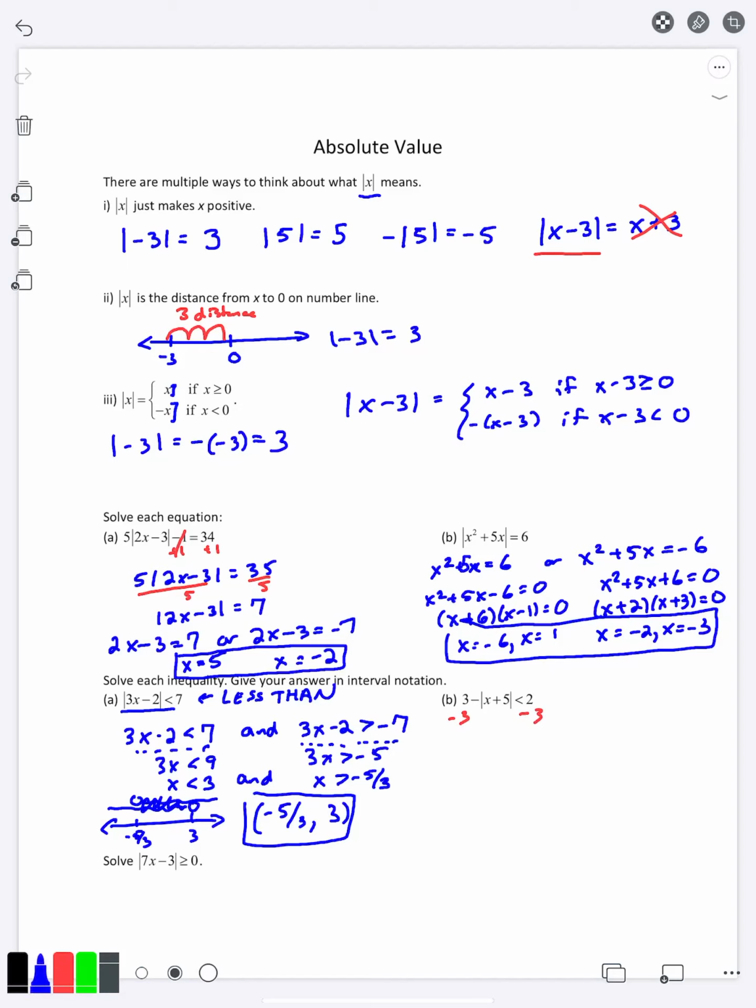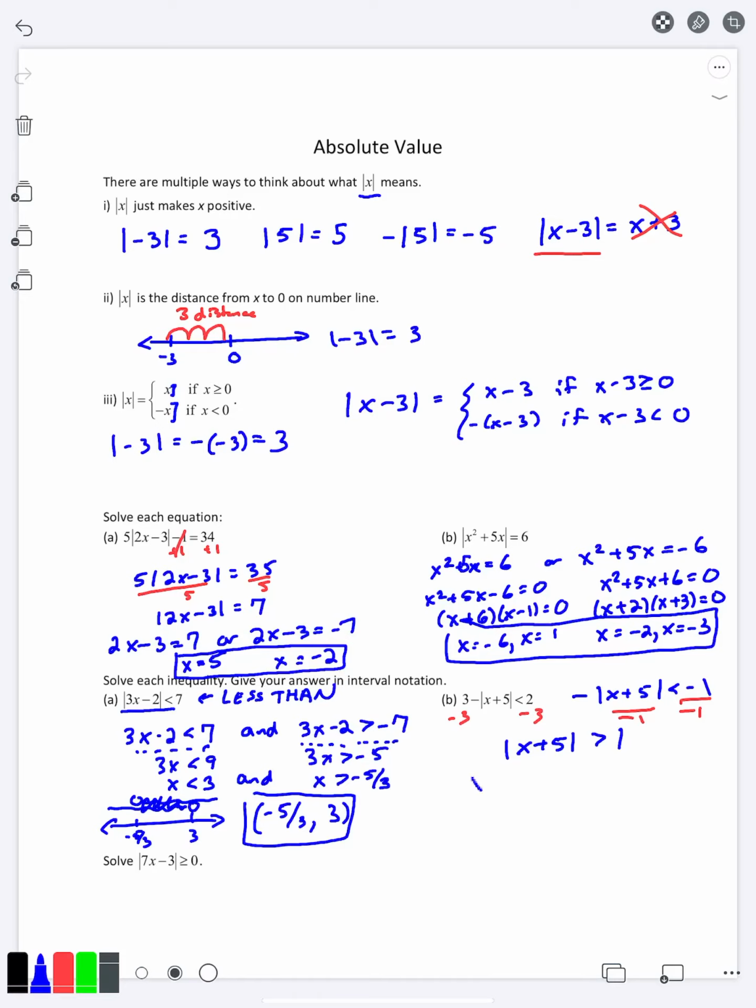So I would have negative absolute value x plus 5 is less than negative 1. Then when I divide both sides by negative 1 here, I get the absolute value x plus 5 is greater than 1. So that means this is actually an absolute value greater than a number 1.